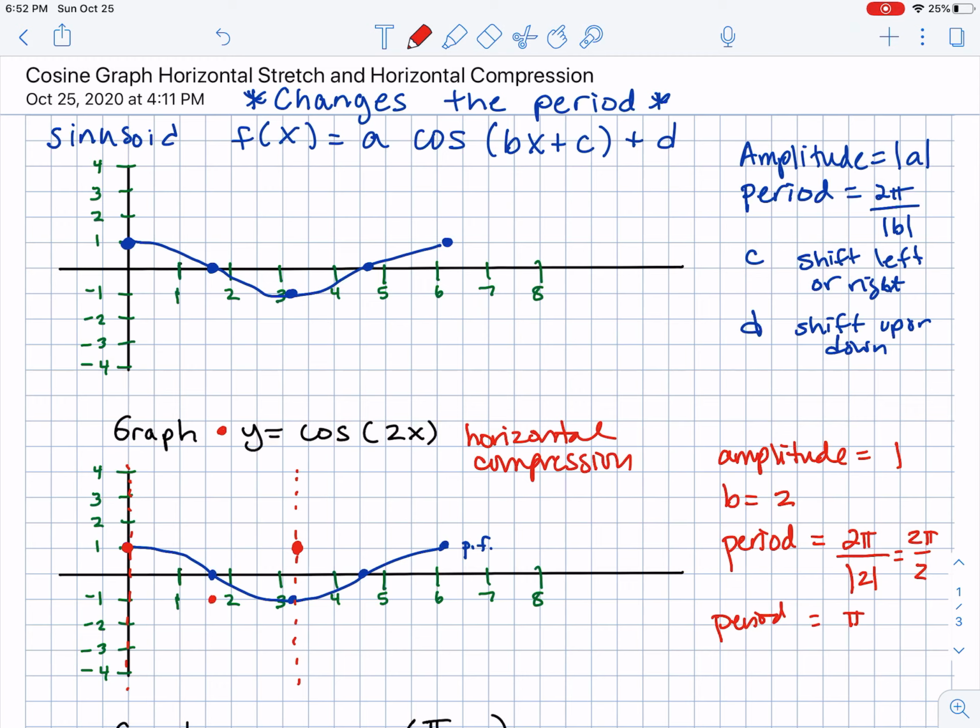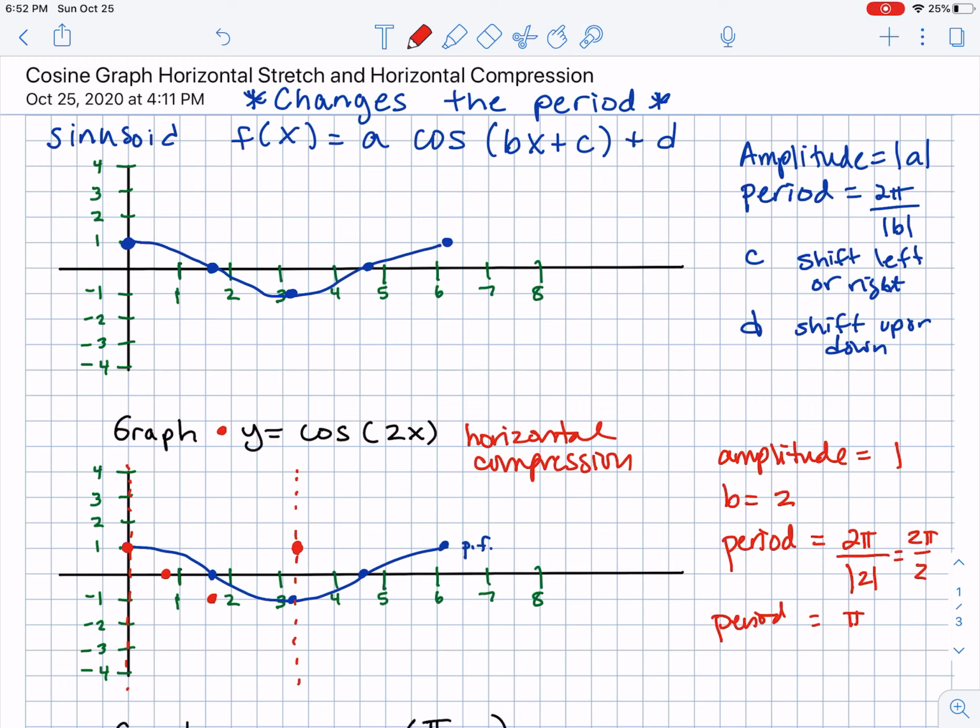I'm going to have a minimum at -1. And then my zeros, well, let's see. If I take 1.57 and divide it by 2, because it is a compression, then that's going to be 0.785. So that should be right around here.